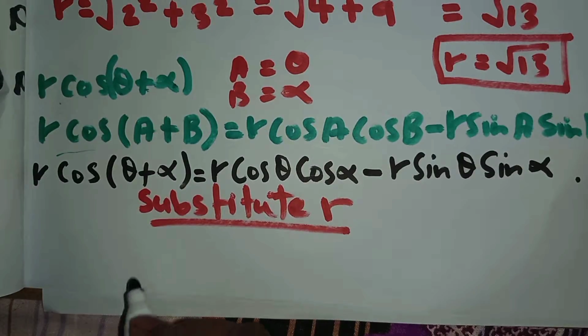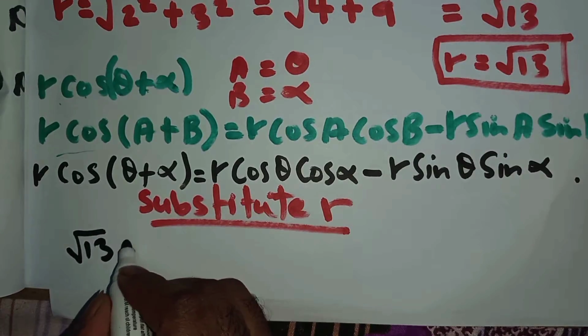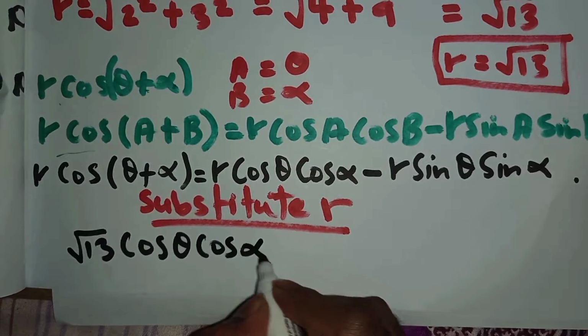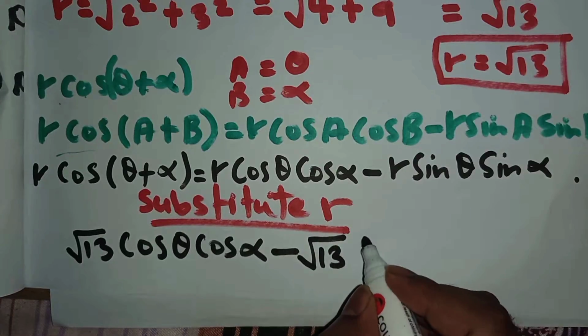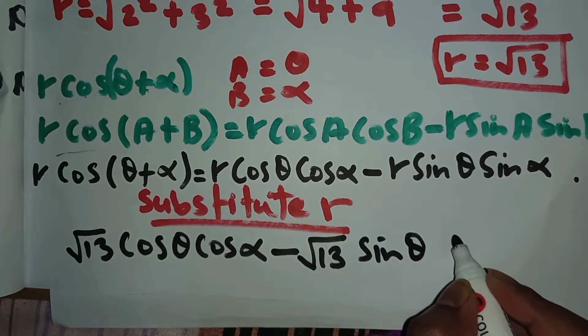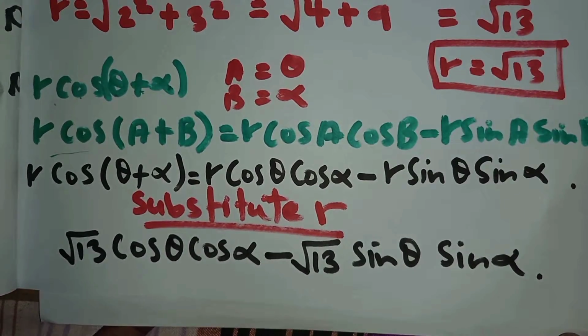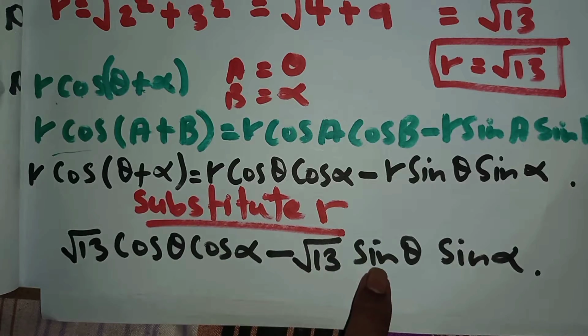That will be root of 13 cos theta cos alpha minus root 13 sin theta sin alpha, right? So we have substituted r. That is what we mean by substitute r. So root 13 cos theta cos alpha, minus root 13 sin theta sin alpha, right?